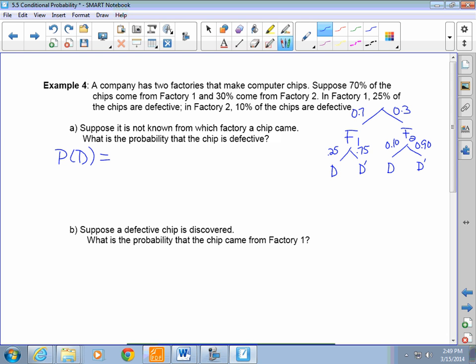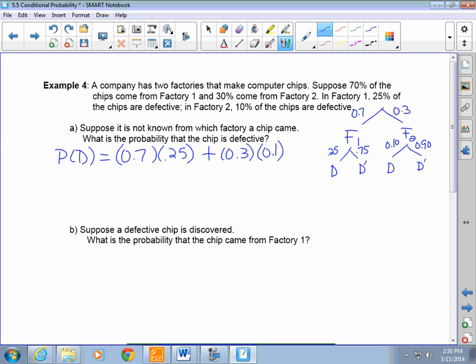So for factory 1, we have 0.7 of the chips coming there, and then 25% are defective. So because of that "and," we multiply. Or, because we're looking at an "or," that's a plus, from factory 2 we have 0.3 of the chips coming. I keep saying percent, but I've changed it to a decimal. So 0.3 of the chips come from there, and of those, 10% are defective.